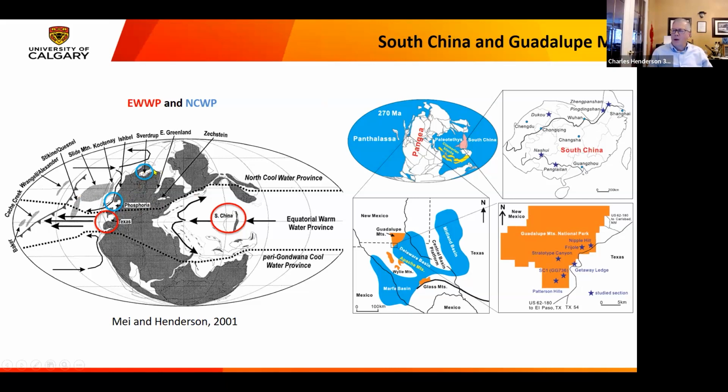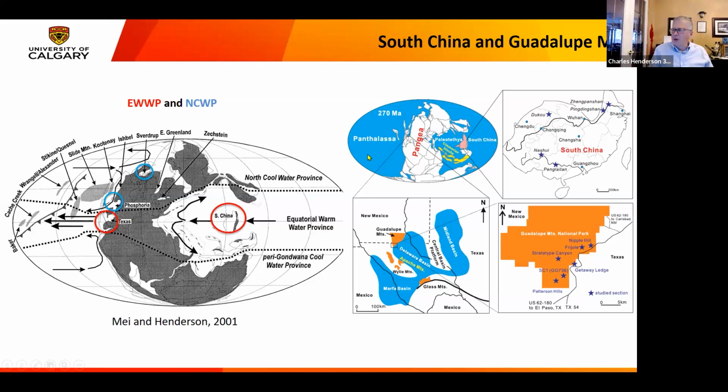In fact, there's only a couple of samples where we see serrated forms. Very fortunate that they're there, because it really does provide a nice correlation for the base of the Roadian.